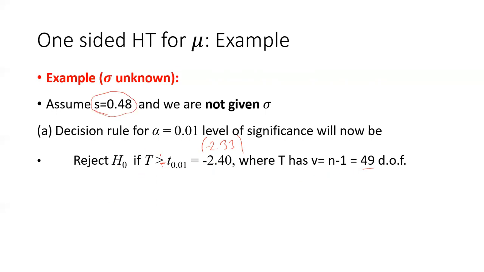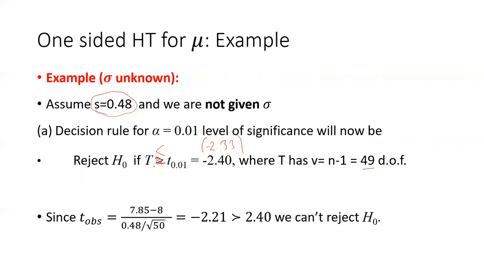So we will reject the hypothesis only if t is smaller than minus t sub 0.01. The t observed is equal to minus 2.21. Let me erase this, it is not true. Minus 2.21 is not smaller than minus 2.40.